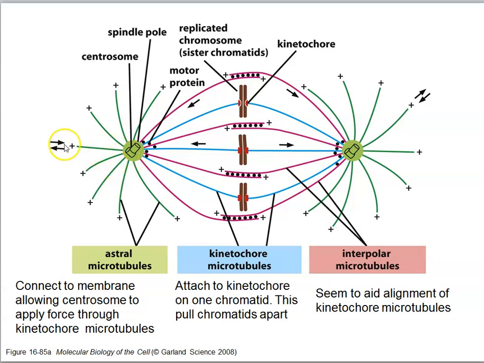These astral microtubules often attach to the membrane and allow some sort of resistive force so that you can pull on this microtubule and this centrosome will remain in place. So these astral microtubules are important as well. These interpolar microtubules don't attach to the chromosomes themselves but seem to aid the alignment of the kinetochore microtubules. So they're all important, but it's the contraction of the kinetochore microtubules that's important for halting M phase.